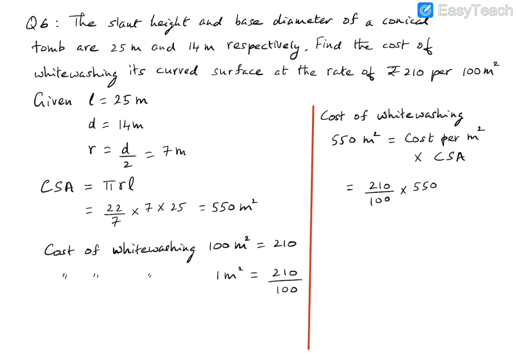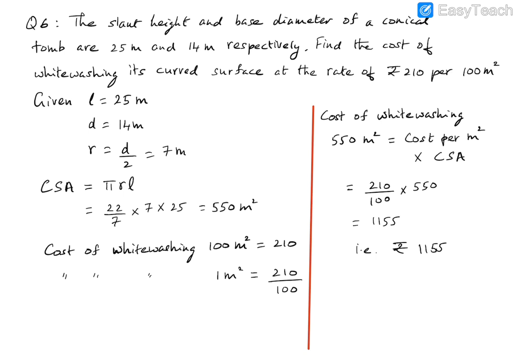Solving that gives us the total cost of whitewashing the conical tomb structure, and that works out to be 1155. So the cost of whitewashing the conical structure is rupees 1155. That's our answer.